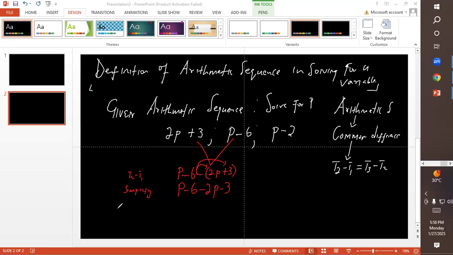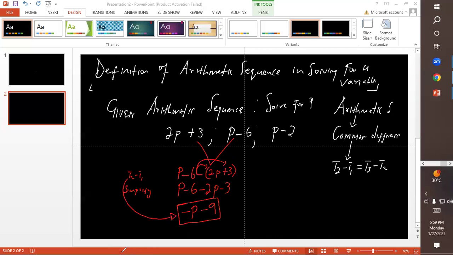Adding like terms, p minus 2p is minus p, and minus 6 minus 3 is minus 9. So term 2 minus term 1 is minus p minus 9.